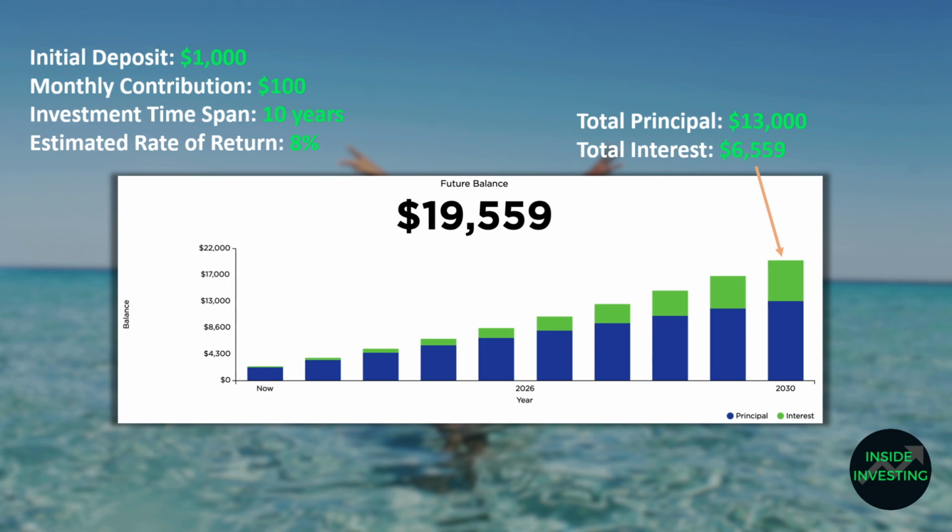We're not checking the news for a specific company on a daily basis. No, the only thing that we're doing is just every first of the month investing the $100, as you see right there, into our broker account. And then in 10 years, this would be our result, around $19,500 with total invested around $13,000.